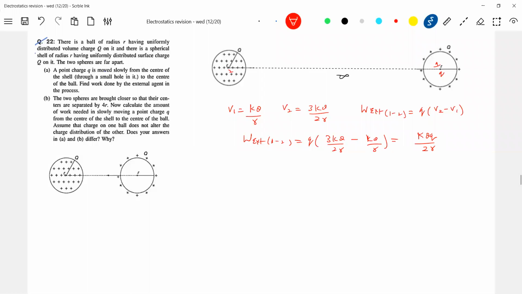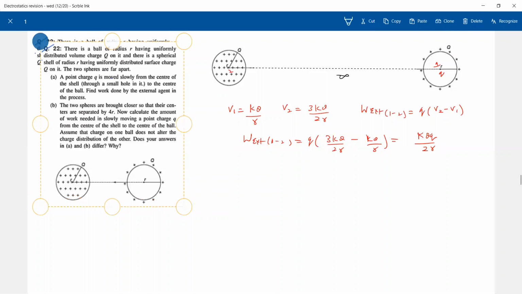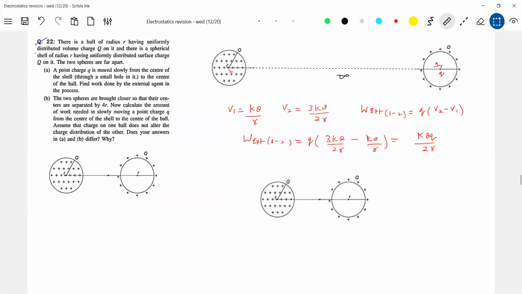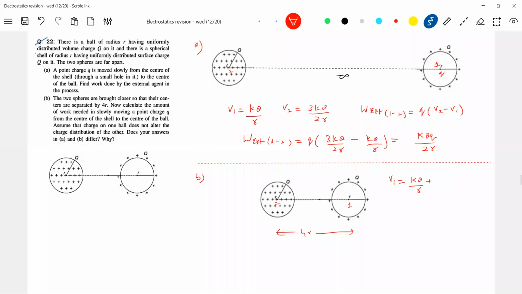In the second case, the separation between them, we'll take the next situation. They are separated by 4R. The centers are separated by 4R. I think now you have to be careful. What is the potential at point 1 due to the shell? It should be KQ by R, and due to the ball it will be KQ by 4R.